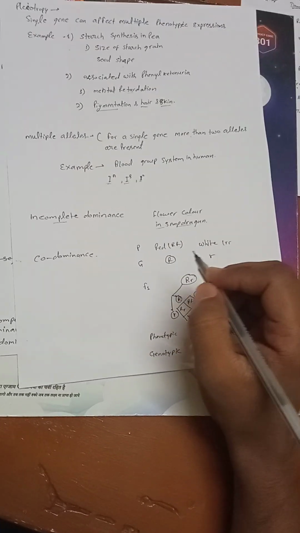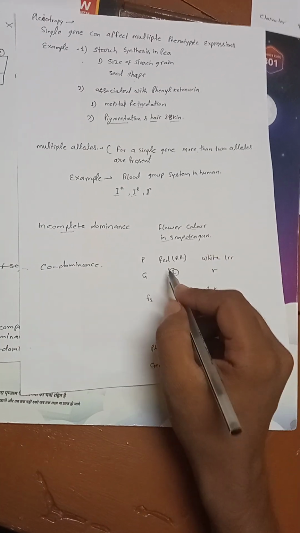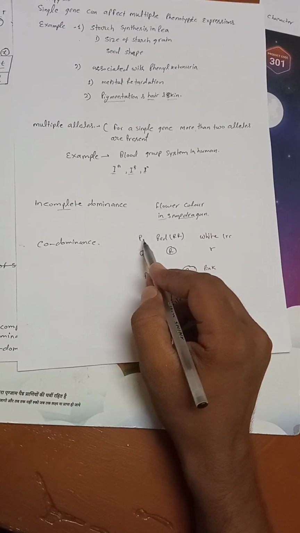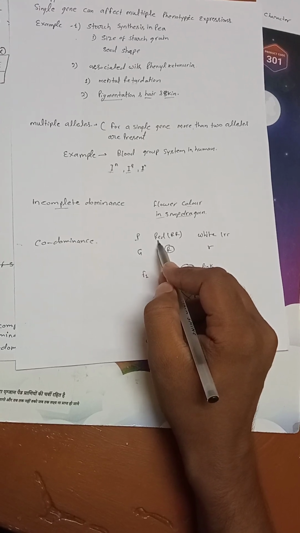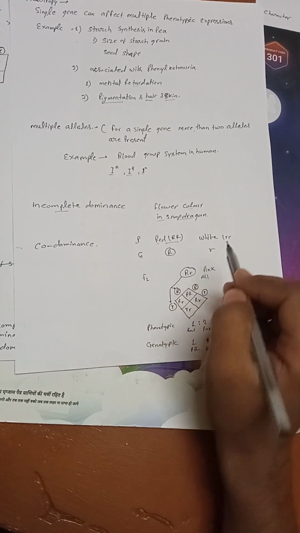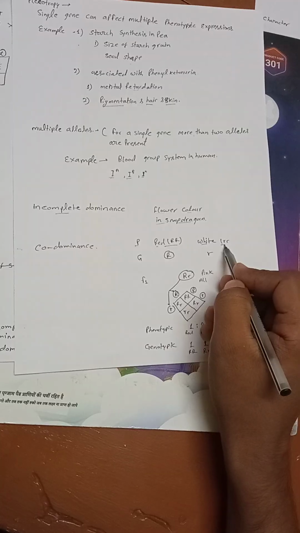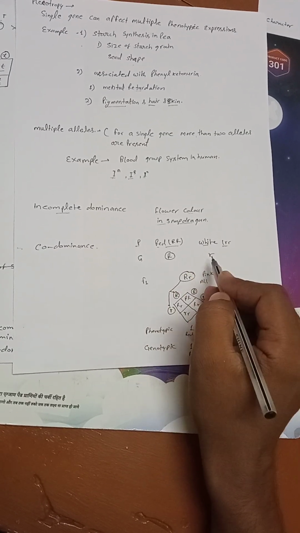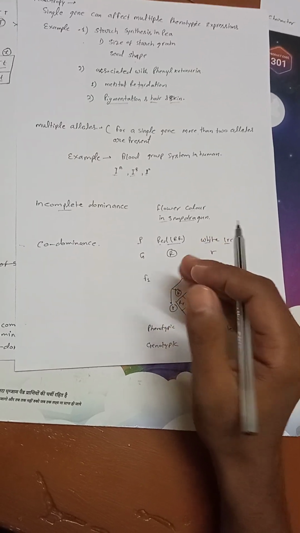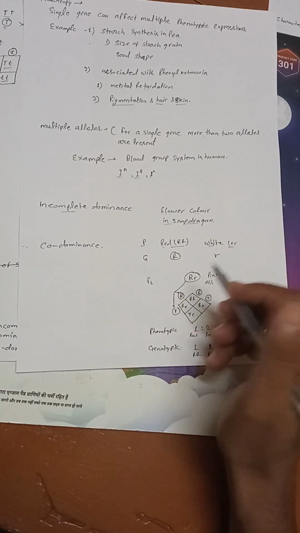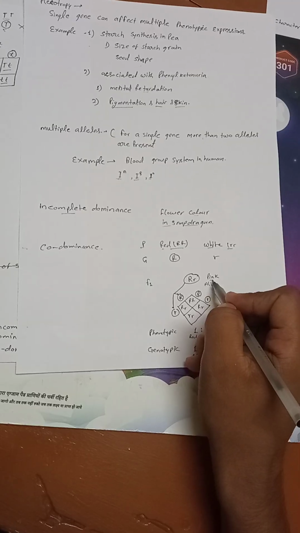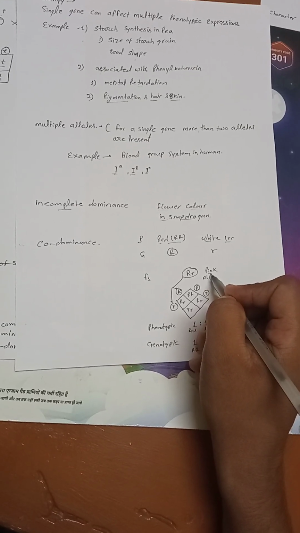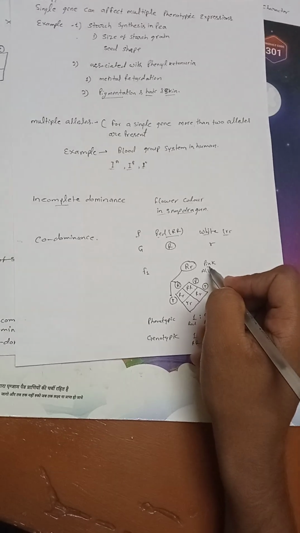In snapdragon, we take a parent with capital R for red and small r for white. The gametes are capital R and small r. What we get in the F1 generation is pink flower.